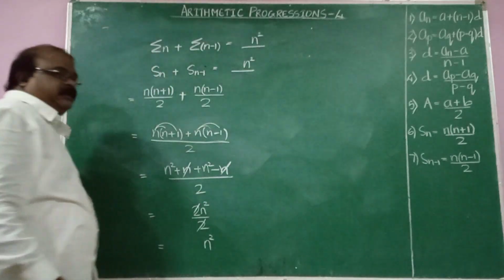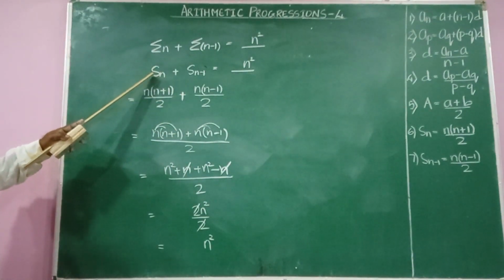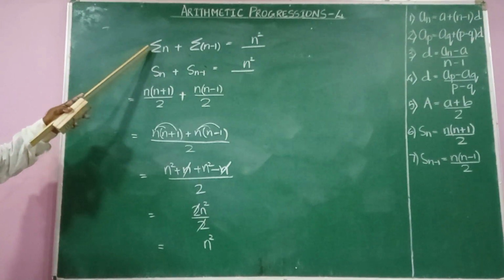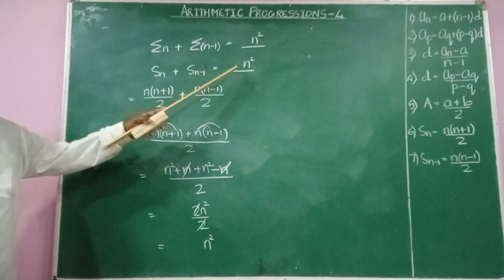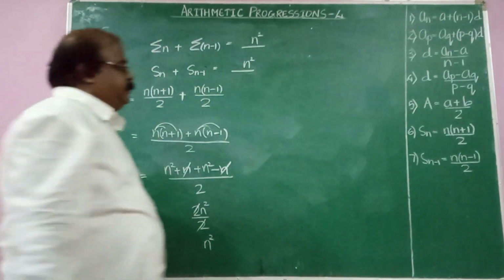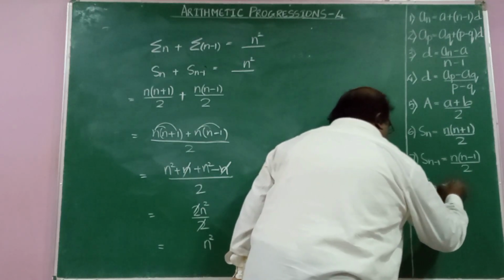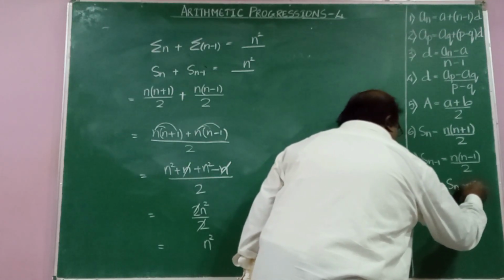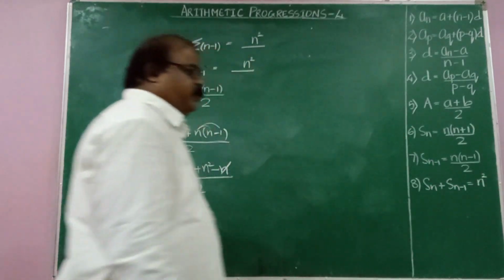This was an objective question asked in the annual examination. I told you I can write it as Sn or I can also write it as sigma n. If you are asked what is Sn plus S of n minus 1, your answer is n square. Remember the formula. Sn plus S of n minus 1 is equal to n square.